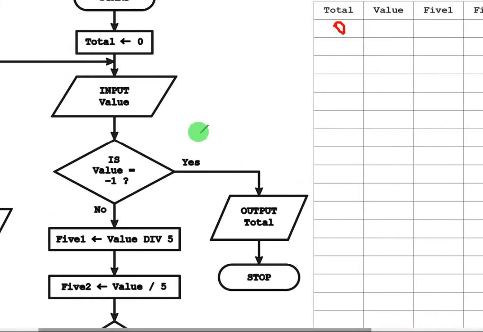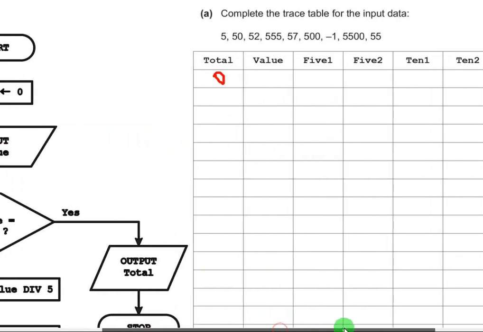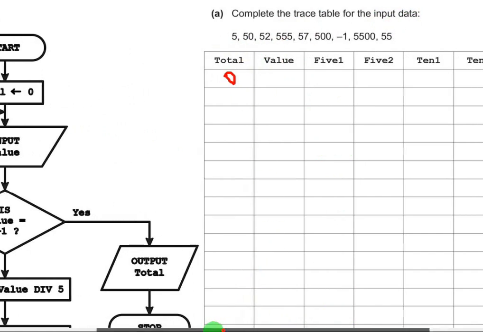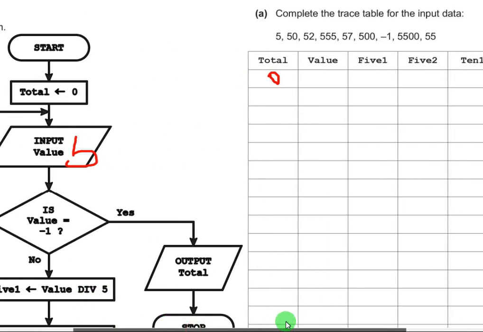Now put your finger down here in the input value. As you can read over here, complete the trace table for the input data. The first input value will be 5. So you can put on your paper the input value is 5 over here.